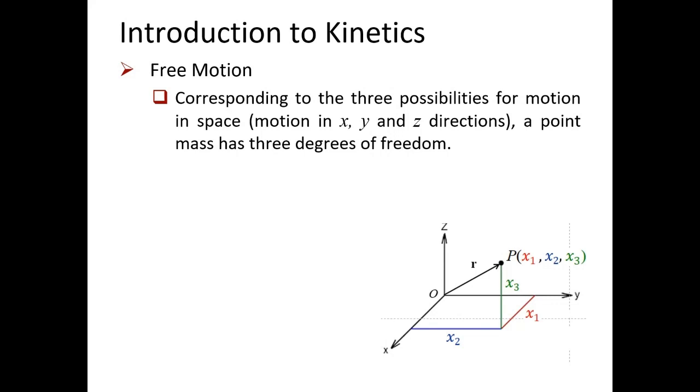Usually for a particle, such movements can be defined using three independent variables, that is, the x directional variable, y directional variable, and z directional variable. These three variables will be adequate to define the velocity, acceleration, position, whatever you want, if it is completely given the freedom to move.